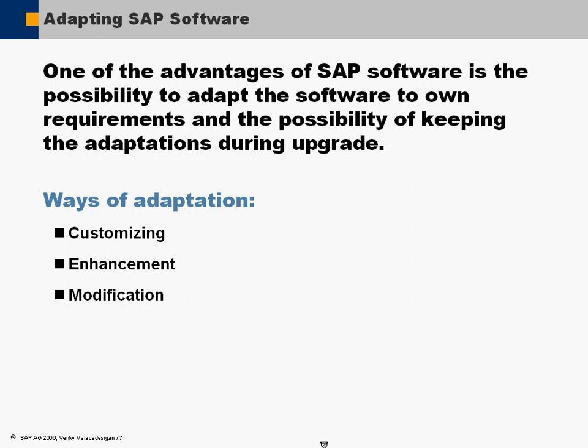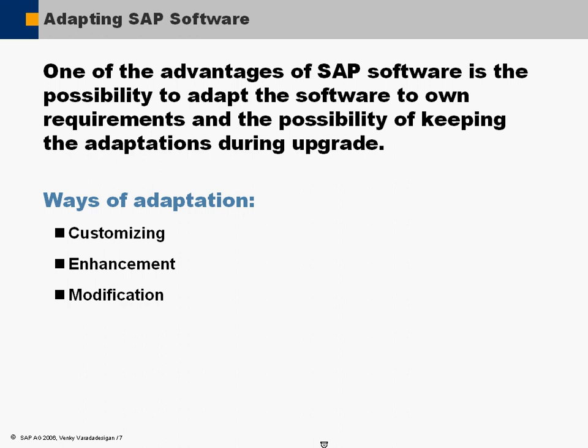Adapting SAP software: SAP being a global software provider is able to provide software that is adaptable by the customer, because no single software can accommodate all the needs of different customers in various verticals, industries and other applications.